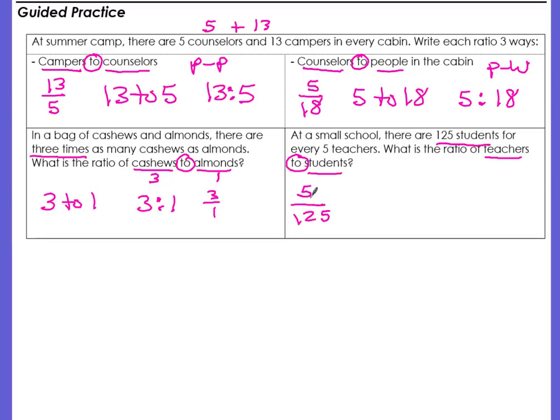So we have a ratio of 5 to 125, and this can be simplified. We can divide both by 5, and that's going to give us a ratio of 1 to 25. Write it the other two ways, 1 to 25, and with the colon, 1:25. And teachers to students, this would be a part-to-part ratio. Okay, now you're ready for your independent practice.